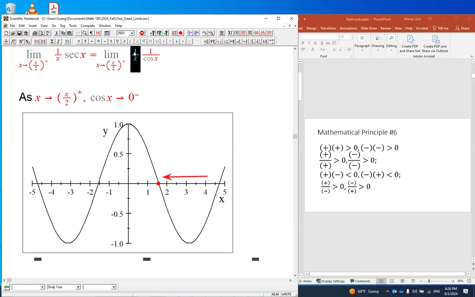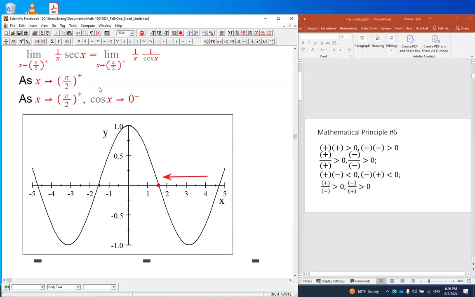As x approaching pi over 2 from larger, 1 over x is going to approach 2 over pi. Okay, because it's the reciprocal.